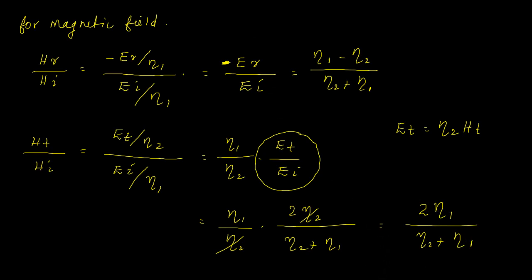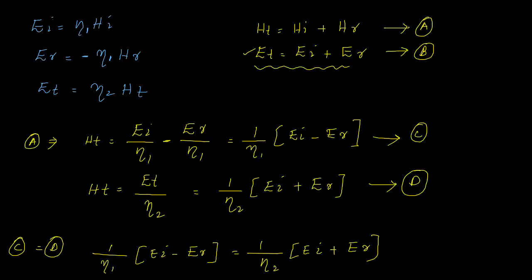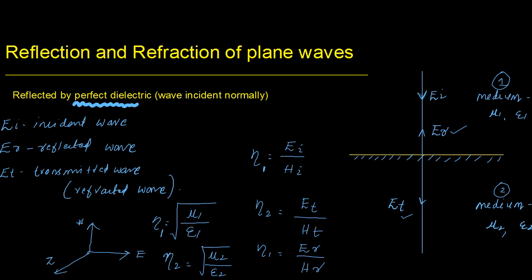Now we are going to make one assumption, an approximation that is very close. For a perfect dielectric, this is dielectric medium 1 and this is another dielectric medium 2. Let us assume that these two are perfect. For a perfect dielectric medium, mu 1 equals mu 2 equals mu 0. This is the assumption we are going to use.